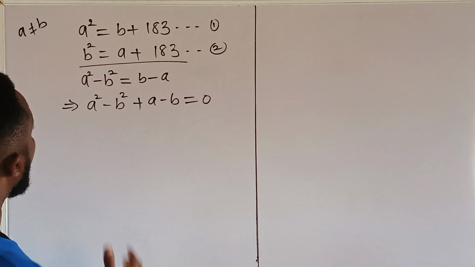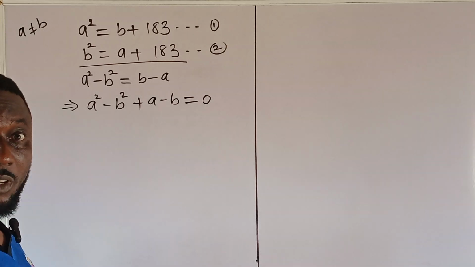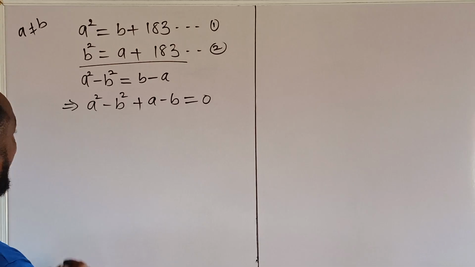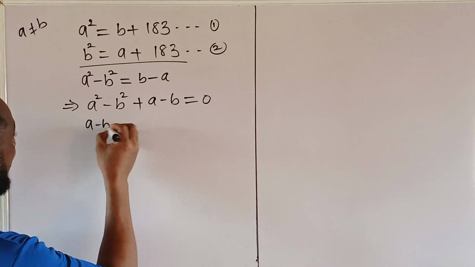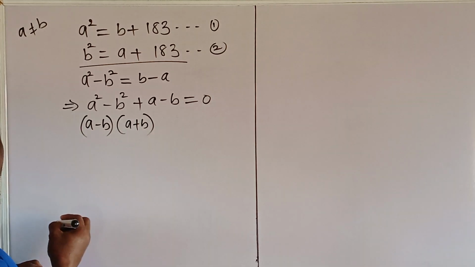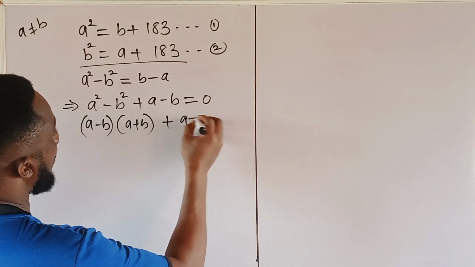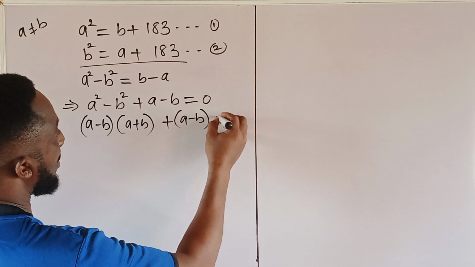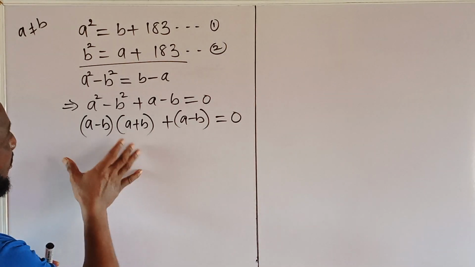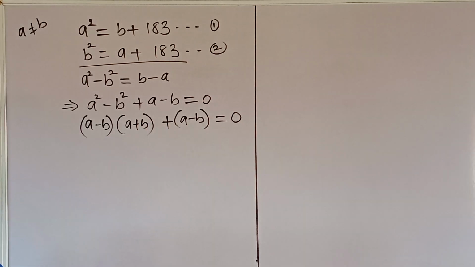Now we are all used to the difference of two squares, which is a very famous algebraic identity. So A squared minus B squared can be written as (A minus B) multiplied by (A plus B), plus (A minus B), equal to 0. And since A minus B is common to these terms, I shall factor it out.